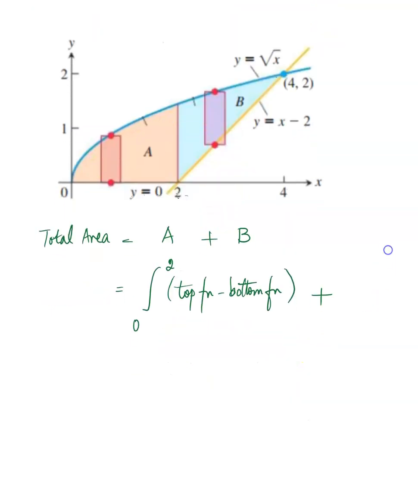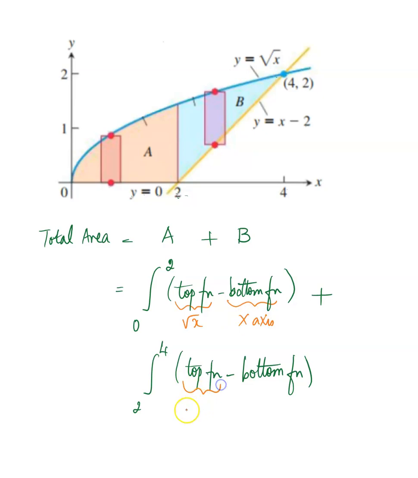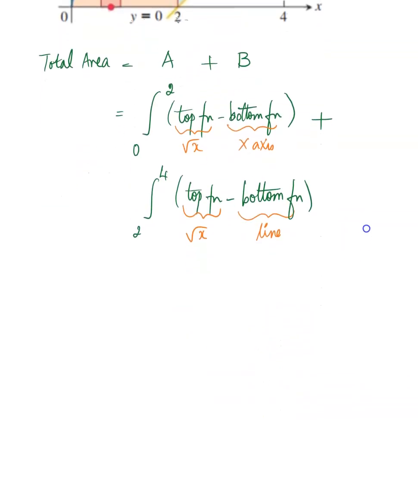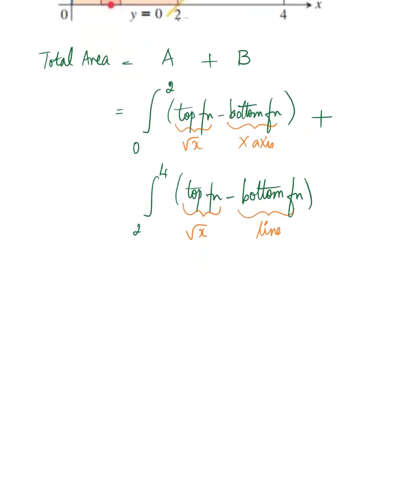Plus, for the B region, we are going from 2 to 4, top function minus the bottom function. I'm getting all this from the graph. I'm going to do all this algebraically actually. Top function is the square root of x, and in this case the bottom function was the x-axis. Here top function is square root of x, and the bottom function is the line. Alright, so that is the general idea.